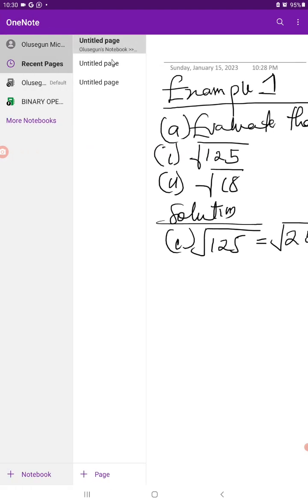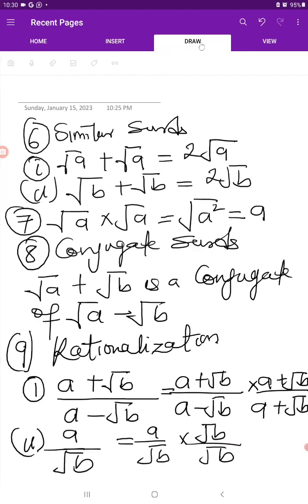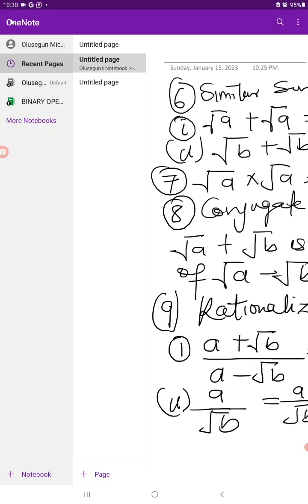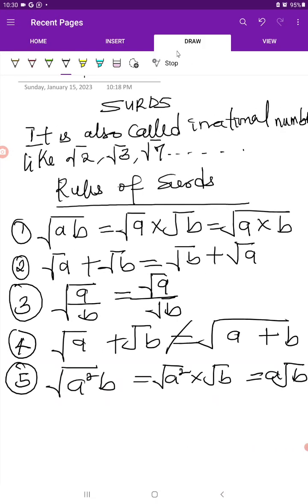We explain this from the law with the multiplication sign. Let's check where it is, maybe the first page. You are able to see that root a squared b can be root a squared times root b.